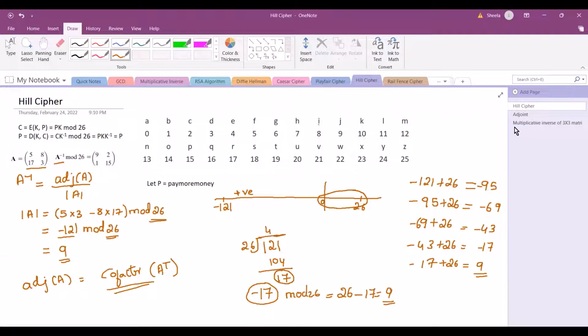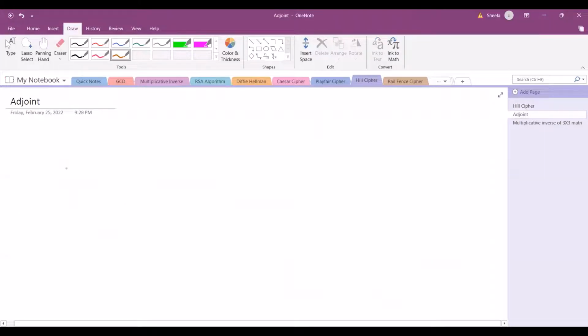So adjoint of A is equal to the cofactor of A transpose. A is 5, 8, 17 and 3, so A transpose is 5, 17, 8 and 3.